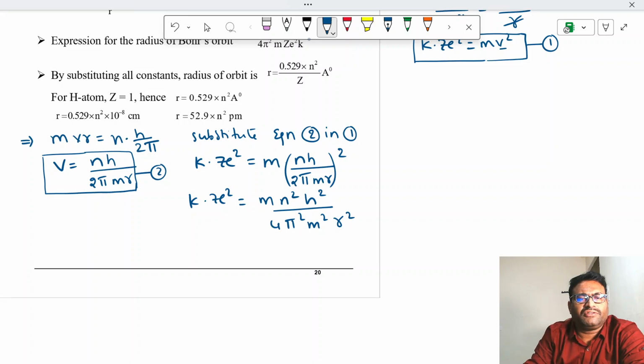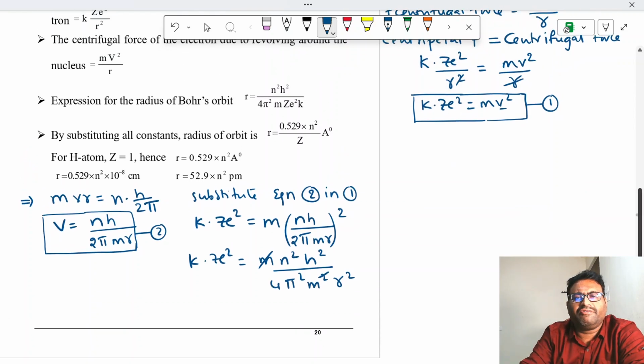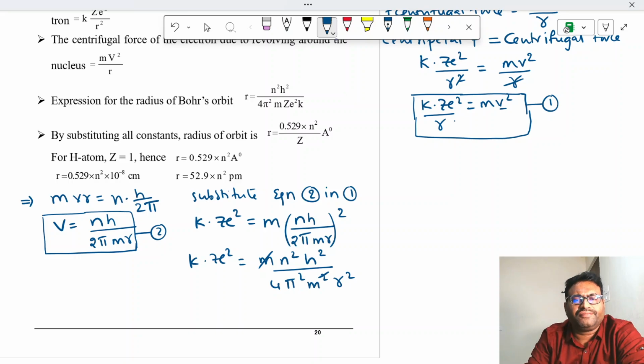Right? Are there any things to cancel? M. Here we have R, we forgot this R. K into Z square by R. MV square is equal to K into Z square by R. Right?